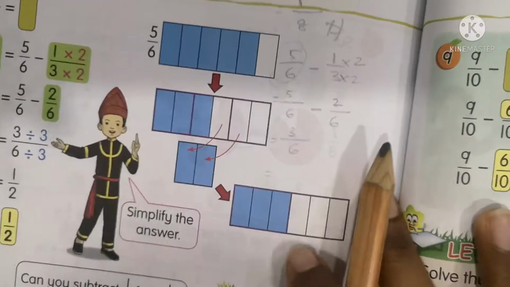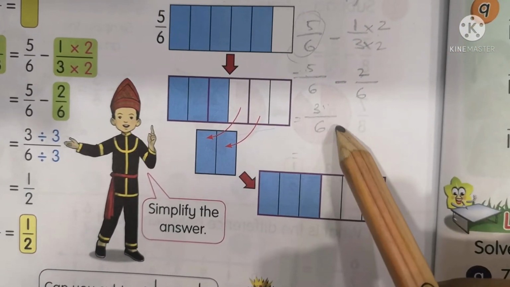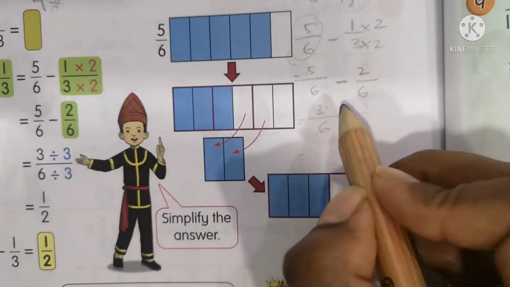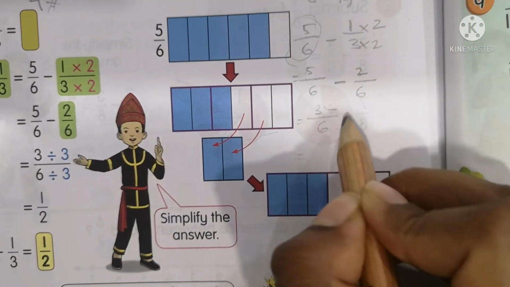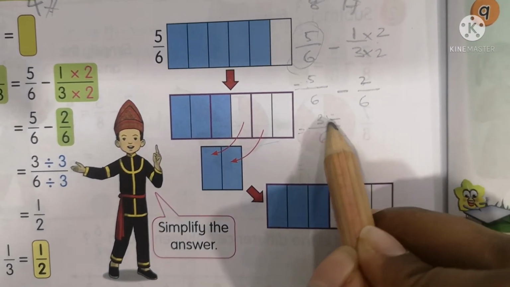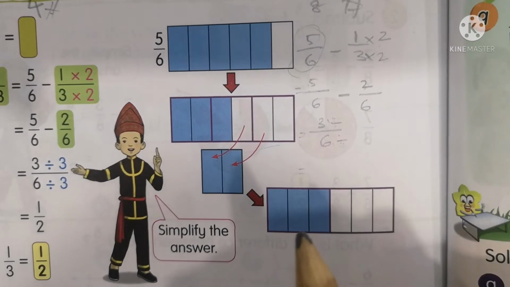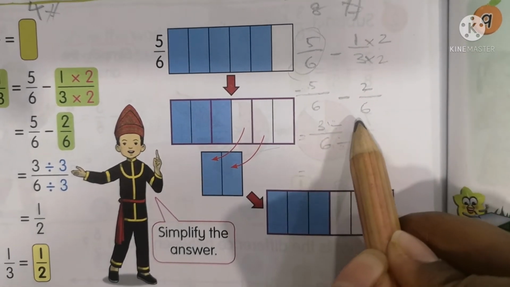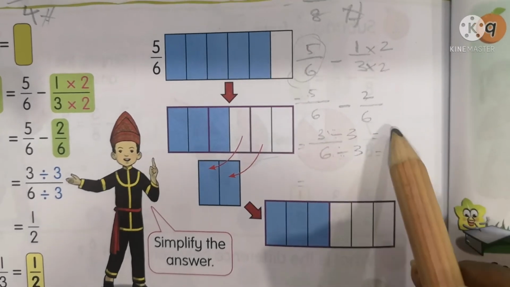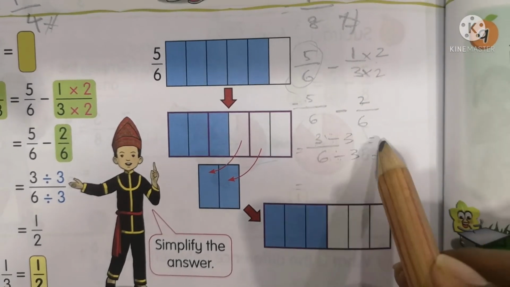Now, can we see? We're having the same, right? So can we simplify? Yes. So divide. So in what times table? We having 3 and 6 together. Times table 3. So what times 3 will get 3?